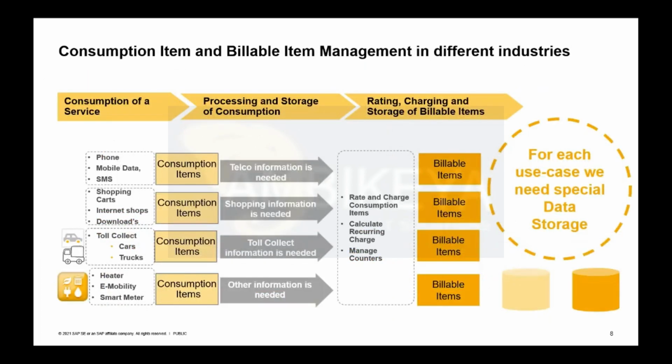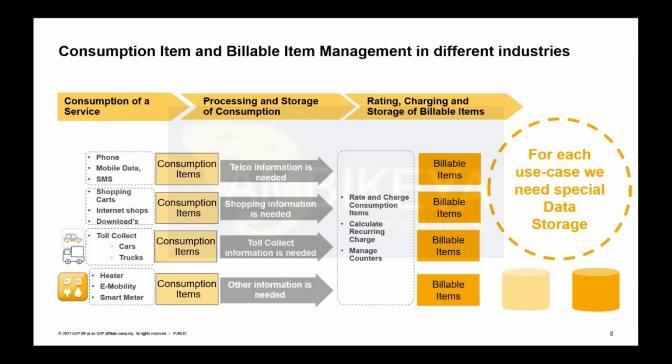Okay, these are the key capabilities. The question is, why is convergent invoicing possible in so many different industries? We often have industry-specific software, but here we are able to completely configure our processes, and convergent invoicing is designed in a very open way.